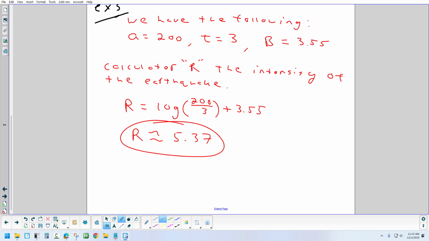Yeah, the way earthquakes work, if you have a magnitude 2 earthquake versus a magnitude 3 earthquake, the magnitude 3 is 10 times the intensity of a 2. And a magnitude 4 is 100 times a magnitude 2. It's the same way pH works. Good. Any questions on that?